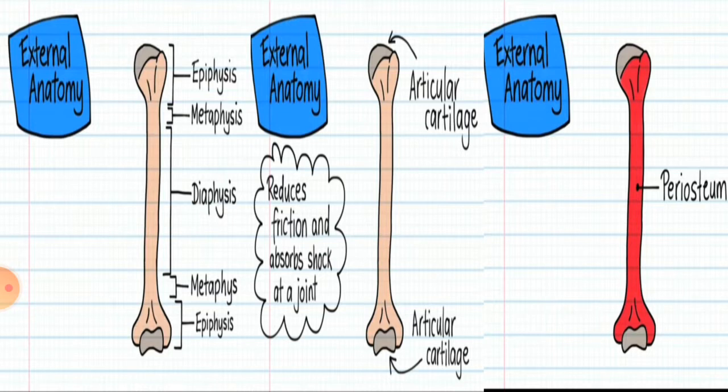So if we take an example of femur, then we know that it has a proximal part or the ball of the femur that takes part in the formation of hip joint, and the distal part of the femur that takes part in the formation of the knee joint. So the articular cartilage is going to cover these two surfaces of the femur.